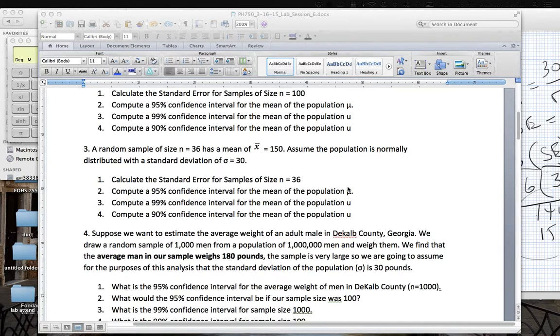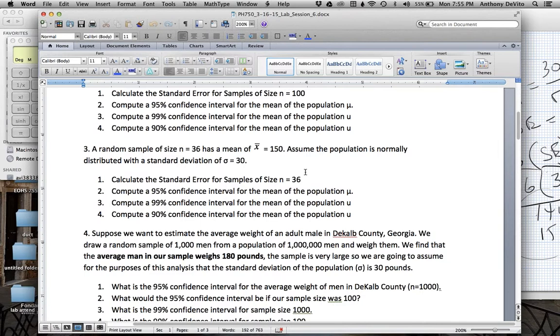Good thing you guys are working at home there. Question number 3. Calculate a standard error for sample size 36 from a sample where the mean was 150, but you know the population standard deviation is 30. So first thing you're going to do is calculate your standard error.